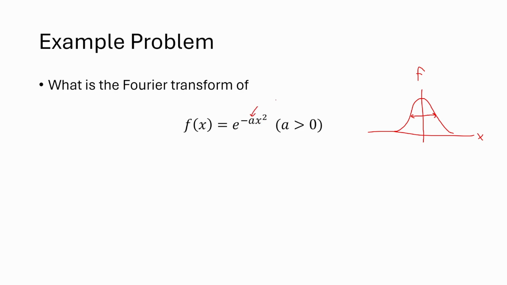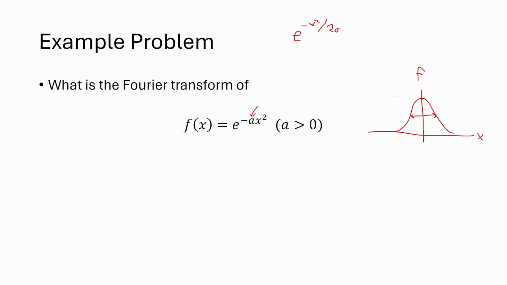Now, for those of you who have taken a statistics class, if you remember your business about normal distributions and standard deviations and all that, there is absolutely that connection here. So if you've seen the normal distribution written as like e to the negative x squared over, I hope I'm remembering this correctly, 2 sigma, then that sigma is the standard deviation.